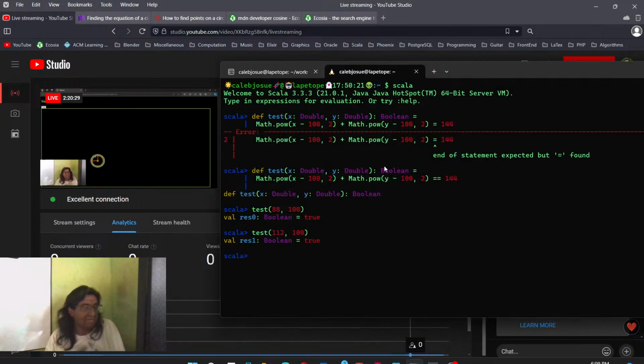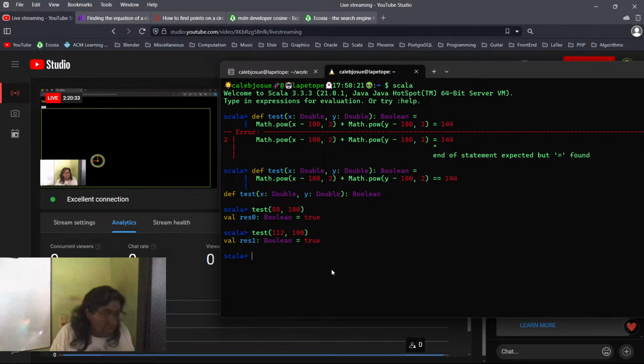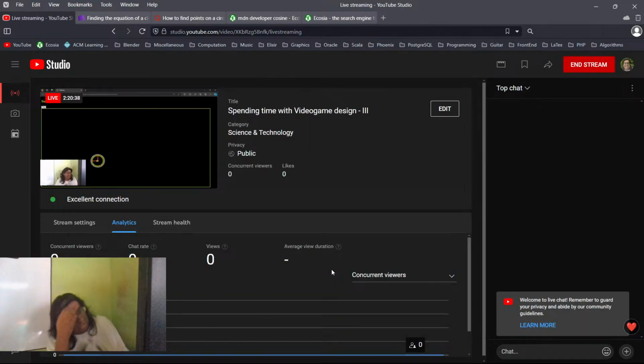We ended having this function on the scale, and we solved the issue of the colors, and we have our method now that allows us to set the radius of the circle, to find points on the circle with the angle that we want.